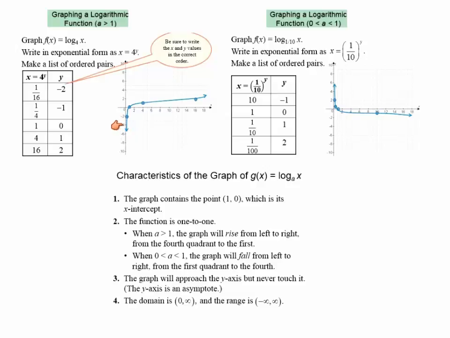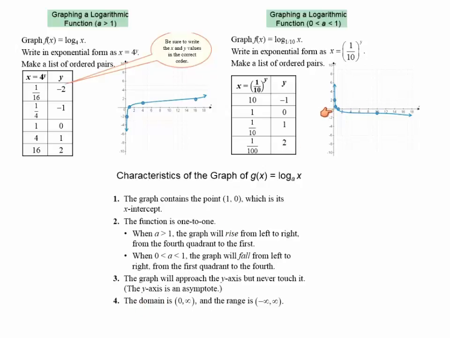But it never reaches the y-axis, never touches the y-axis. The y-axis is called an asymptote. That's the name of this line. When the graph gets closer and closer to a line and never reaches that line, we call it an asymptote.